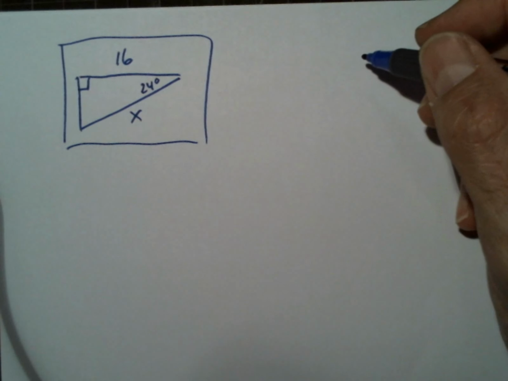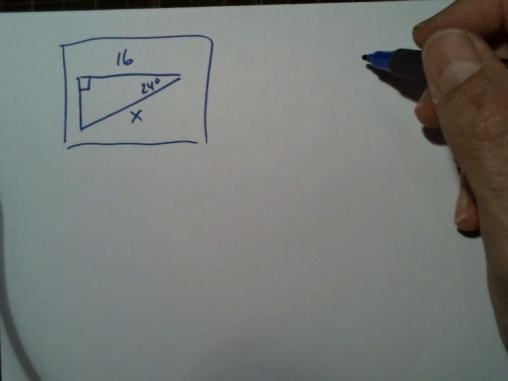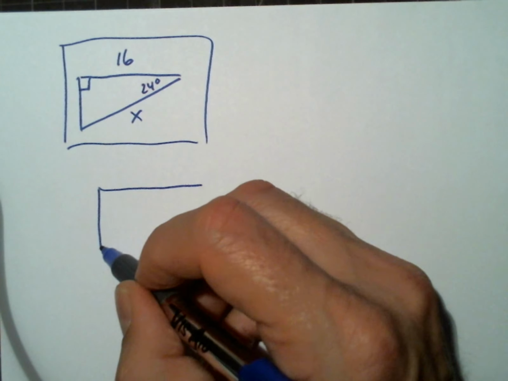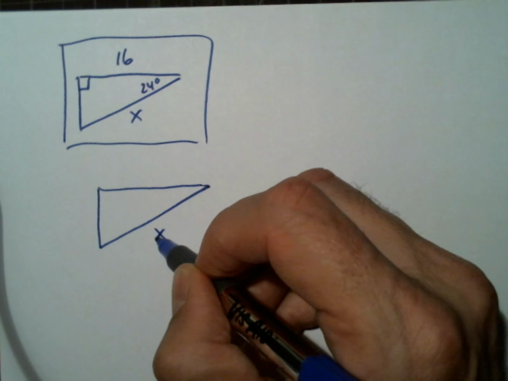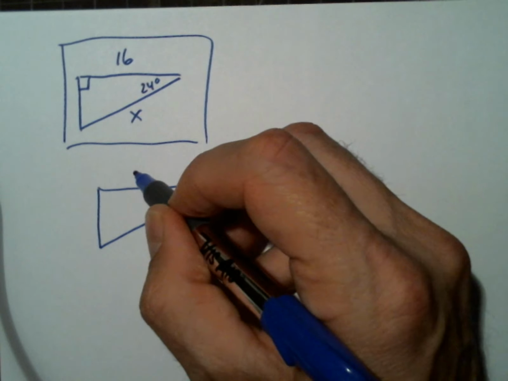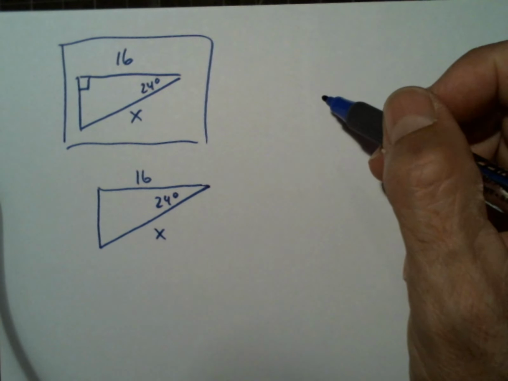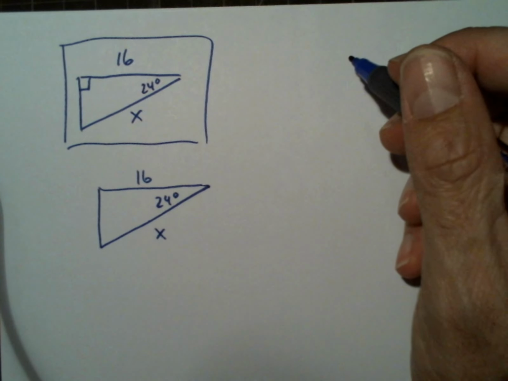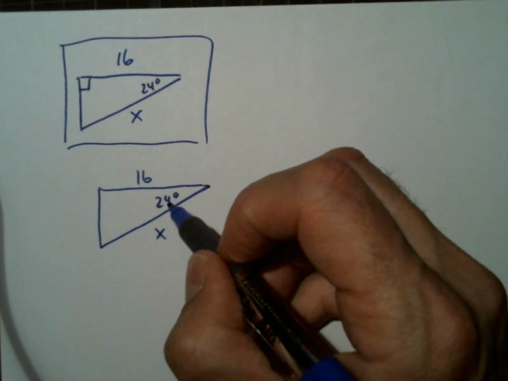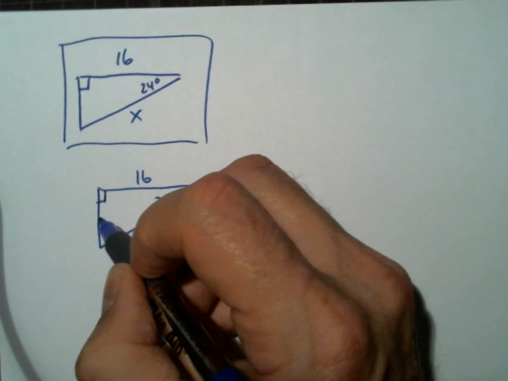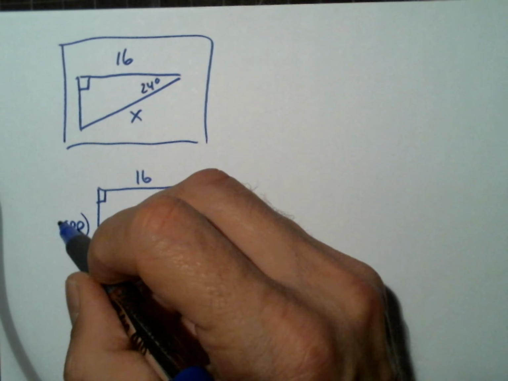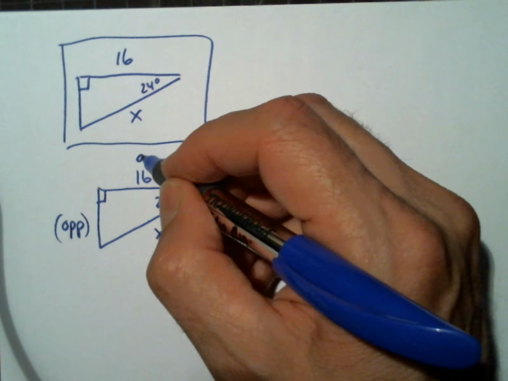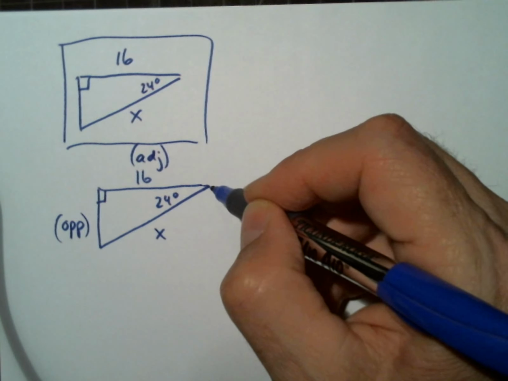All right. Pause the video and try that one. We label opposite, adjacent, and hypotenuse. So opposite is over here. 16 is next to, so that's adjacent.